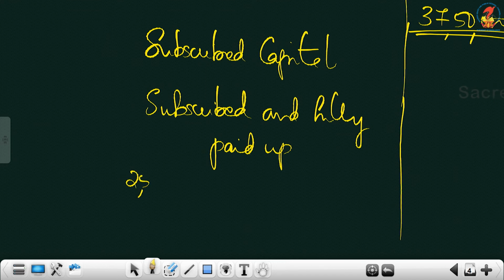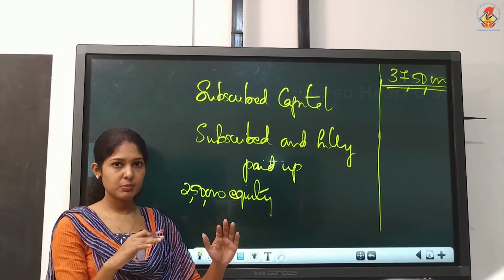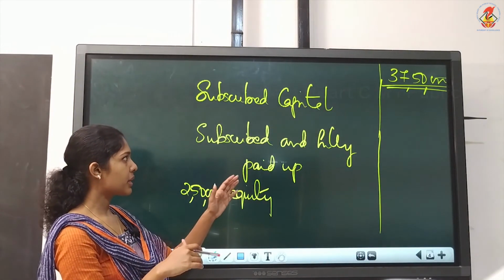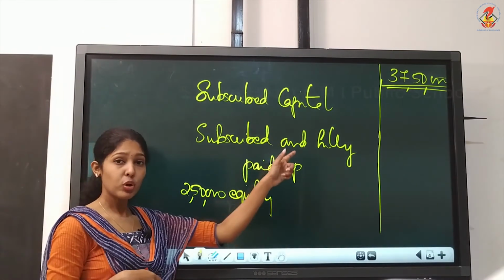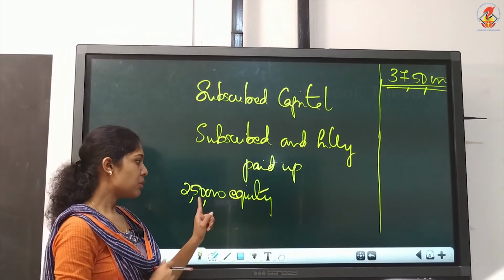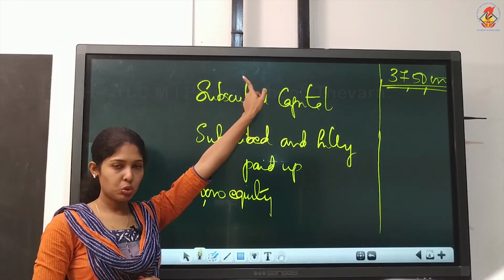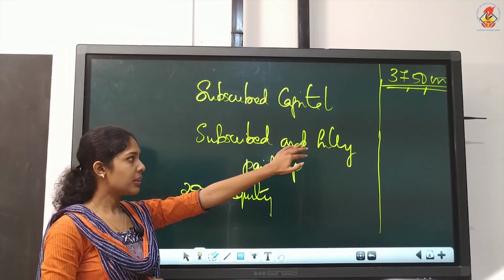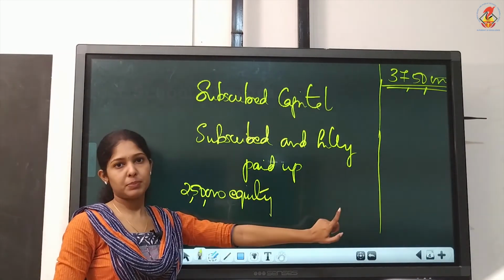We had issued 2,75,000, but they subscribed 2,50,000. But even then you can write it under the fully paid up category. Fully paid up means they paid up the entire face value.